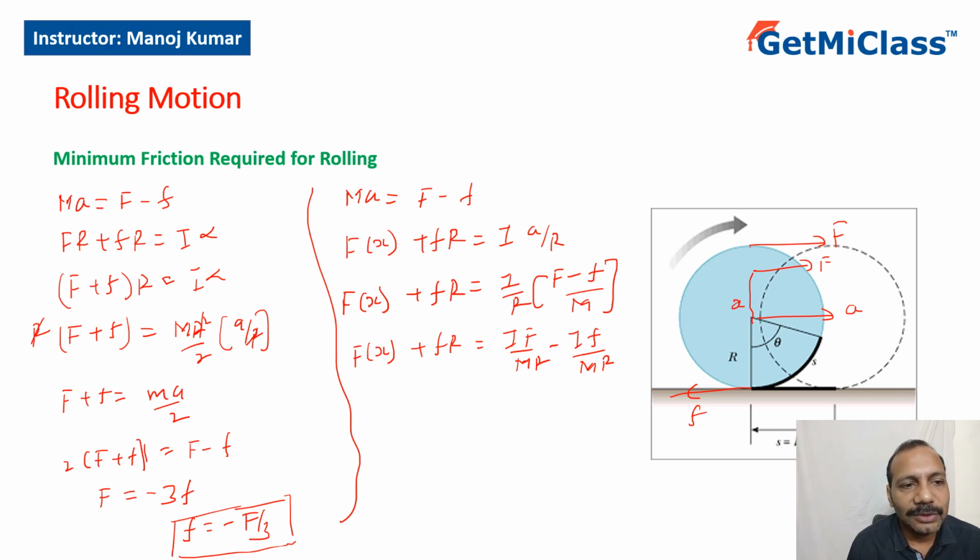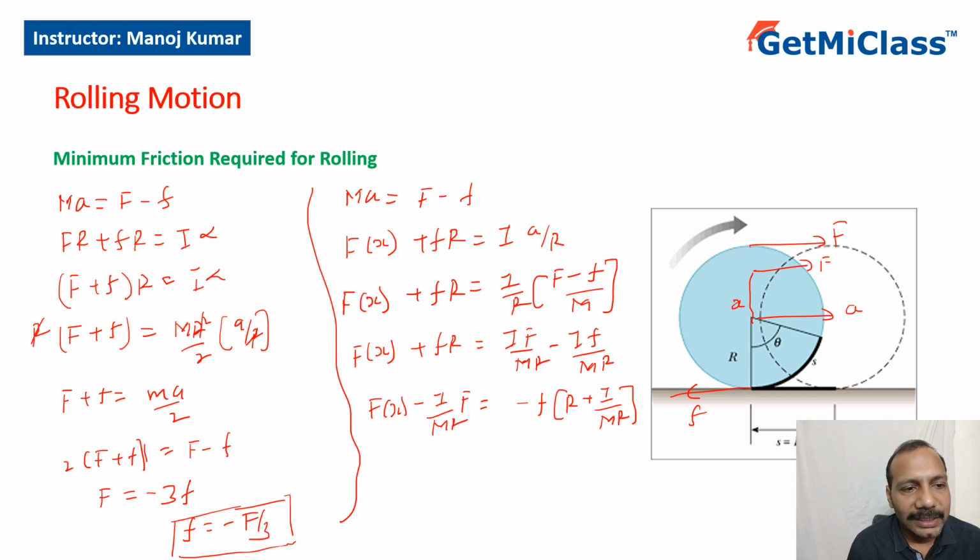I'll get F of x minus I by MR into F equal to minus f into R plus I by MR. This is what we got.